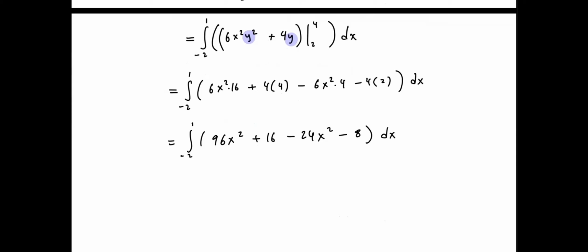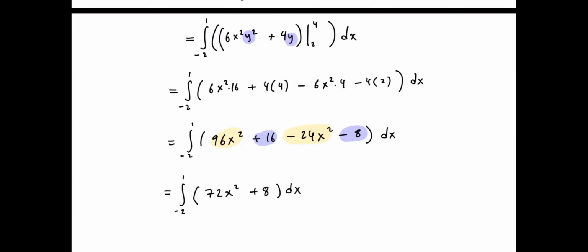You can continue to simplify, combining like terms. So we do 96 minus 24x squared, that's going to give us 72x squared, and then 16 minus 8 is positive 8.